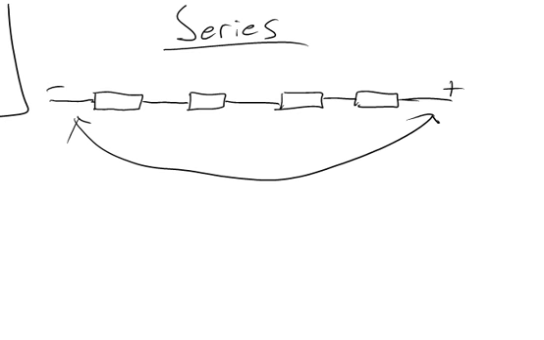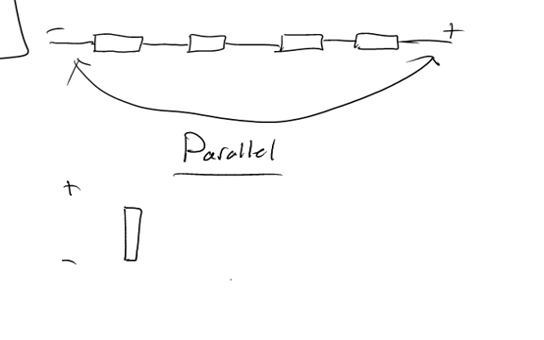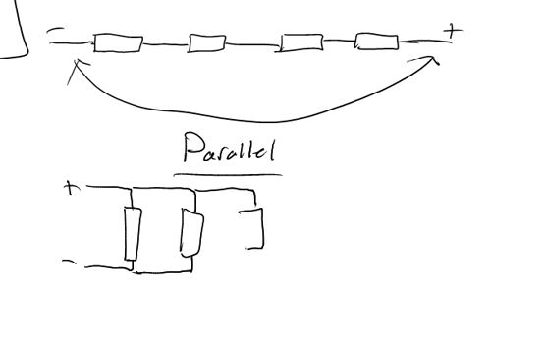So I'm going to leave that up, and I'm just going to write parallel underneath it. I'll scroll down a bit and write parallel there. I hope it's not spelled wrong. In a parallel circuit, you have your plus and your minus, but a parallel circuit runs these off the same potential.